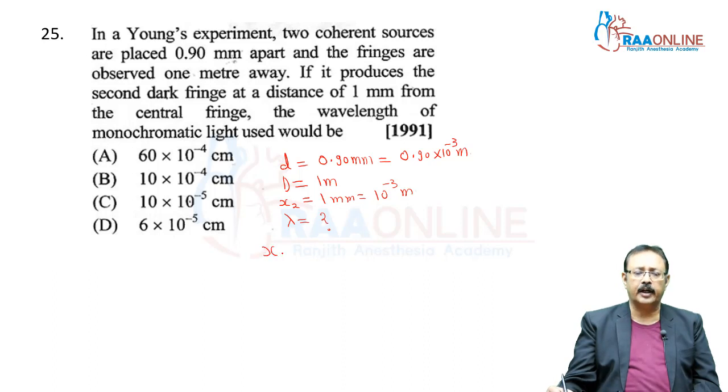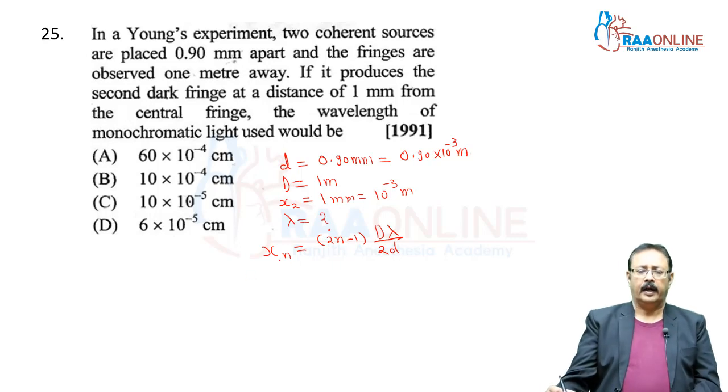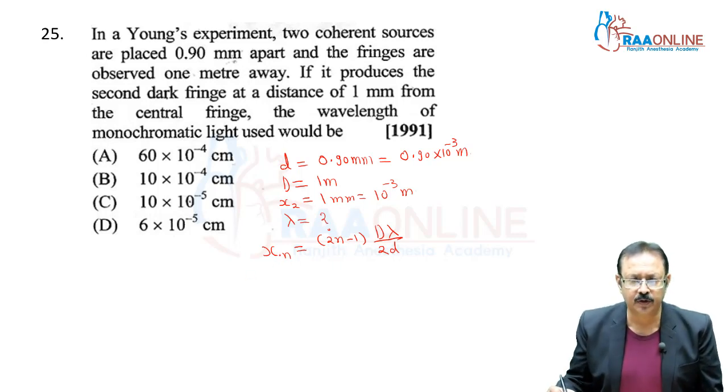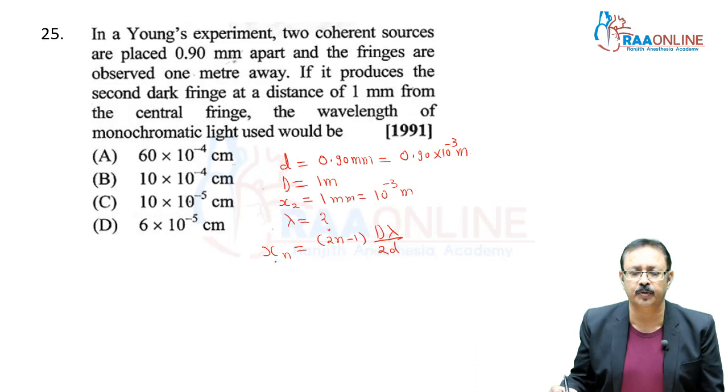In case of dark fringes, we know that xn is equal to (2n minus 1) D lambda by 2d. N is given as 2. So by putting in 2, for the second dark fringe, it should be at a distance of (4 minus 1), 3 D lambda by 2d.